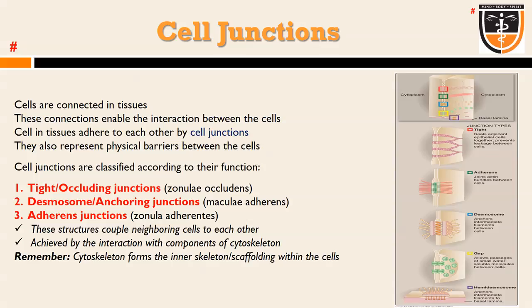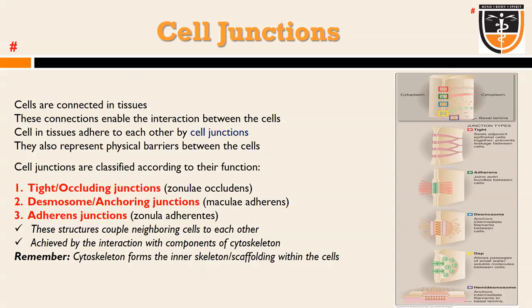But these cell junctions are not only points of attachment, cell to cell, they also act as barriers between two cells, and they will prevent, for example, the passage of molecules between the cells all the way to the basal membrane in the tissue. Okay? That is important.